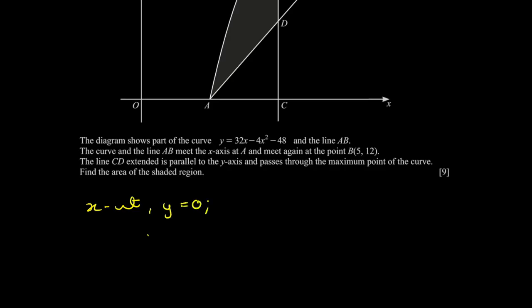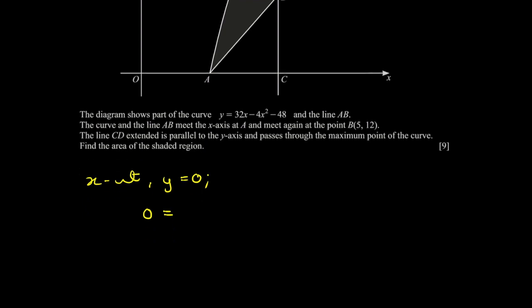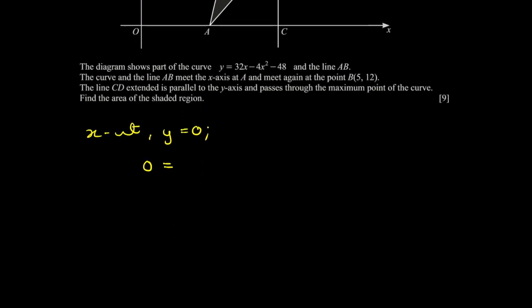So I'm trying to solve 0 is equal to, I'm going to write it out as a proper quadratic, right? Negative 4x squared plus 32x minus 48. And that thing is begging to be divided by negative 4. So I'm going to get x squared minus 8x plus 12.